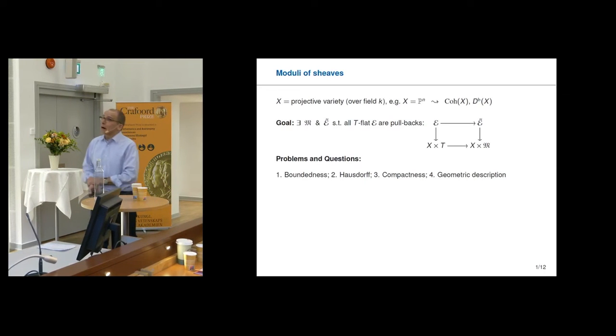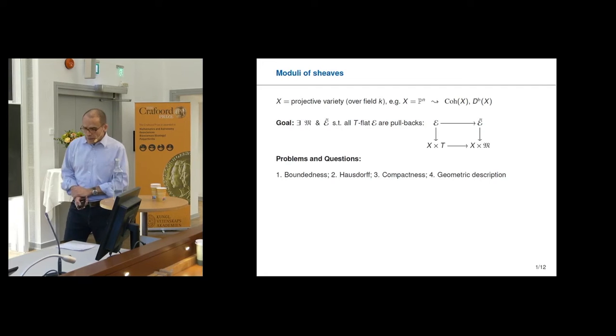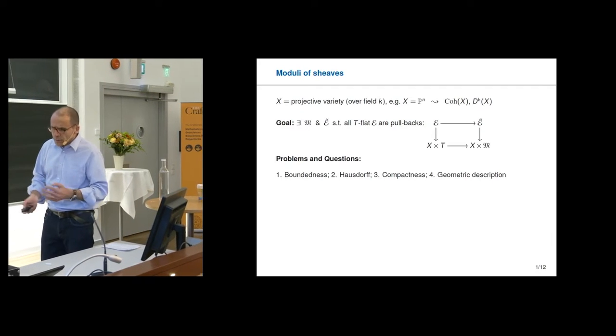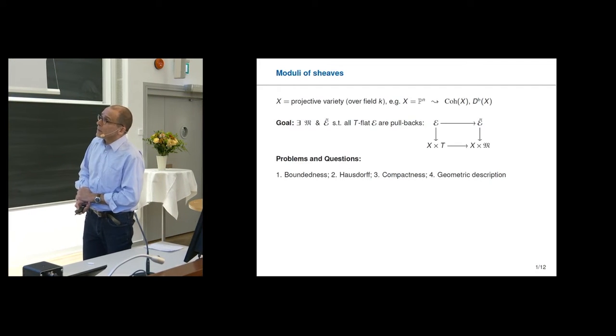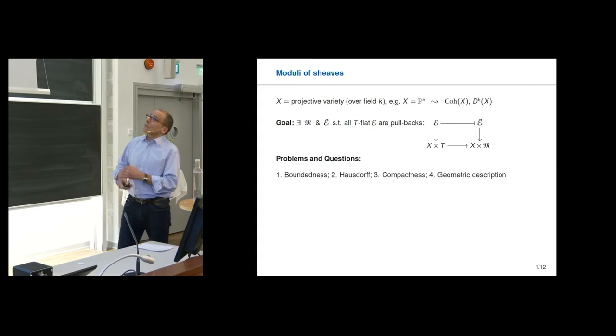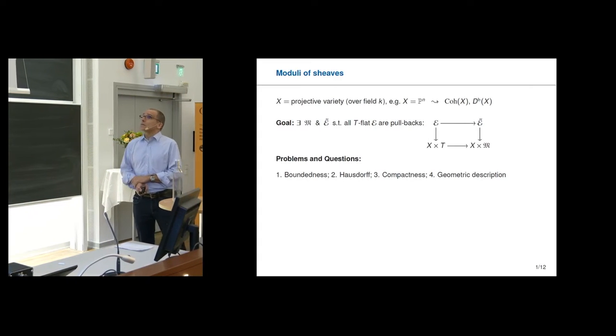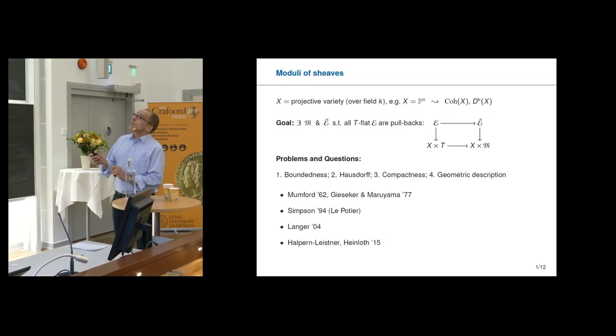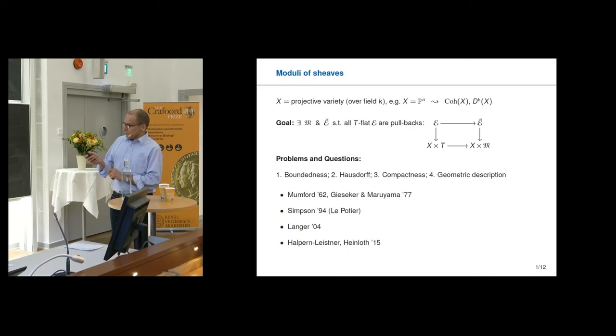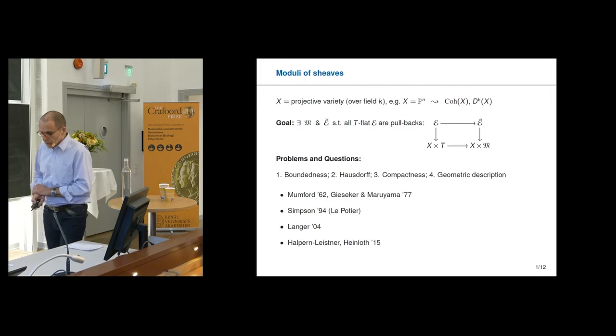So that's usually the boundedness problem. Then there are things like non-separatedness, or the Hausdorff property, which is a problem. And even once you have settled on some kind of space M with this property, then it might still be very difficult to actually describe its geometry.